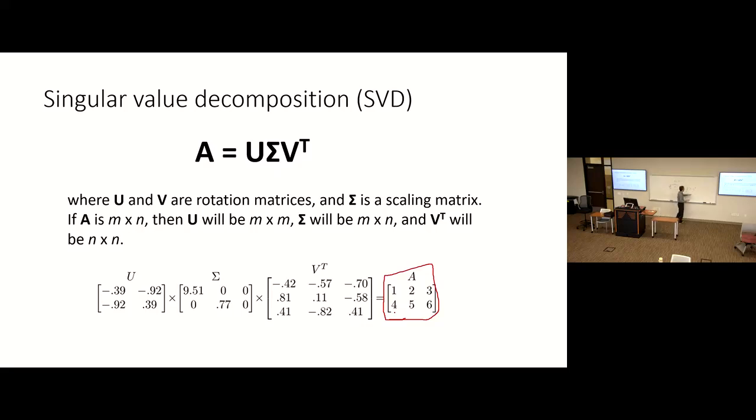Well, this one is a square matrix, m by m. So U here, n by n.